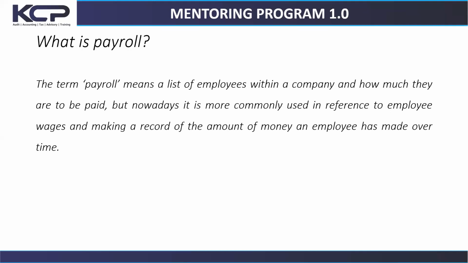The term payroll means a list of employees within a company and how much they are to be paid. But nowadays, it is more commonly used in reference to employees' wages and making a record of the amount of money an employee has made over a period of time.